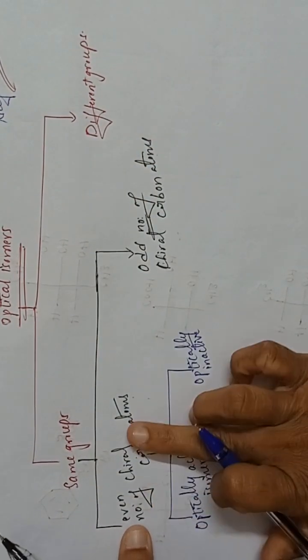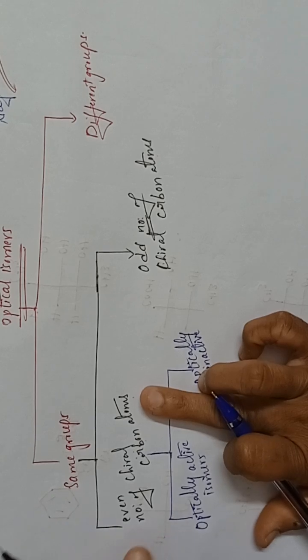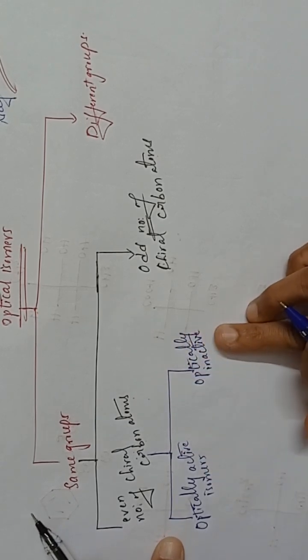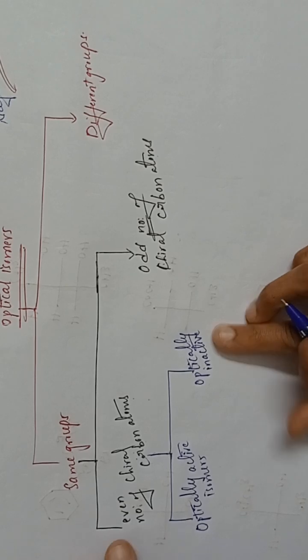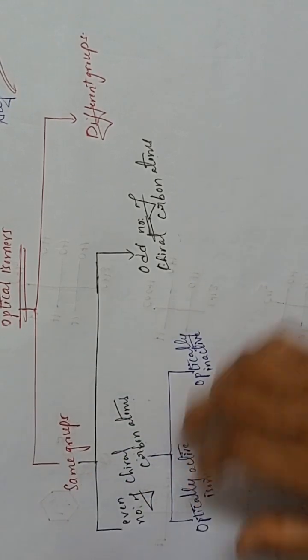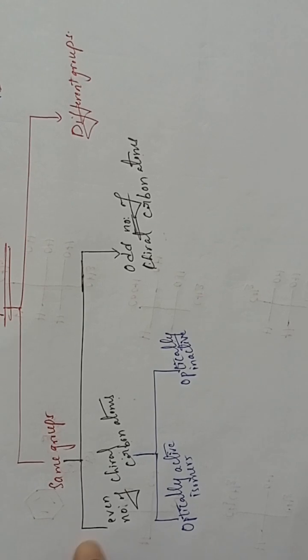Clear? So if the given compound contains an even number of chiral carbon atoms, how many optically active isomers are there? How many optically inactive isomers are there? And how many total optical isomers? We can find them by using the formulas easily.